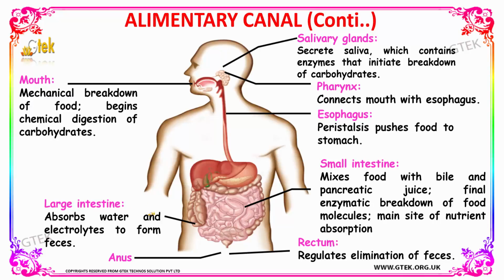Your large intestine will absorb the water and electrolytes to form the feces. Your rectum will regulate the elimination of feces, and your feces is ejected through your anus. So this is how the digestion process takes place through the alimentary canal.